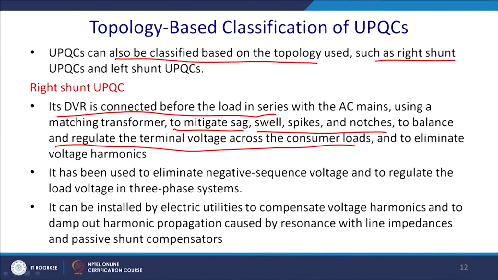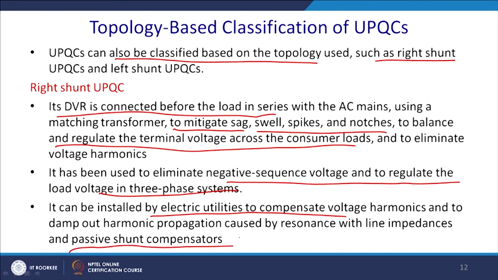It has been used to eliminate the negative sequence voltage and to regulate the load voltage of the 3-phase system. Moreover, it can be installed by electric utilities to compensate voltage harmonics, to damp out the harmonic propagation caused by resonance with the line impedance and the passive shunt compensator.